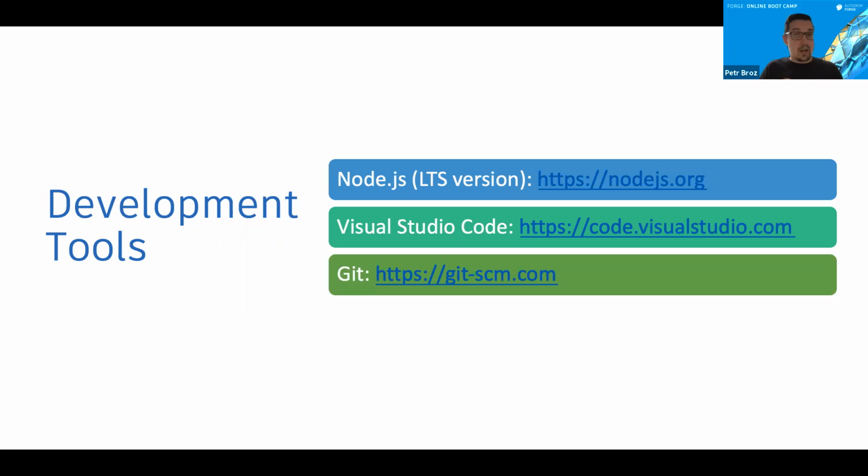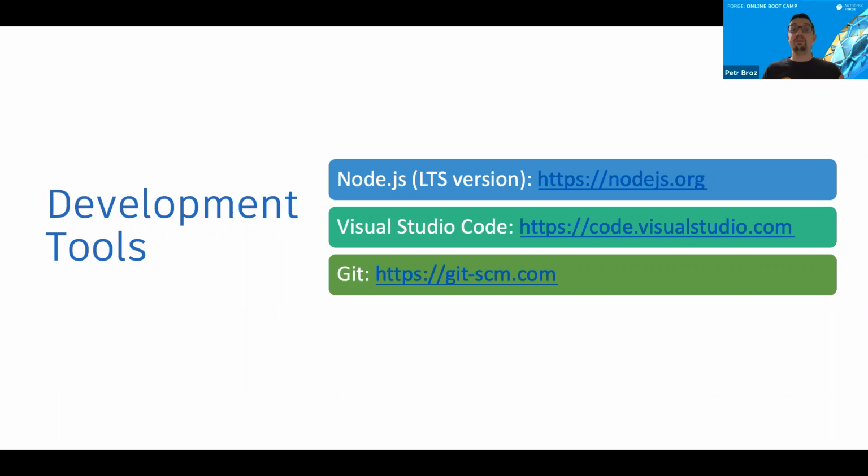So if you're building your app in Node.js, or if you're from the other group from .NET, or if you already have an existing Forge application built with Java or PHP, that's totally fine too. We just want to make sure that at the end of step one, you will have some Forge application ready and running, so that in step two, we can start extending the viewer on the client side.